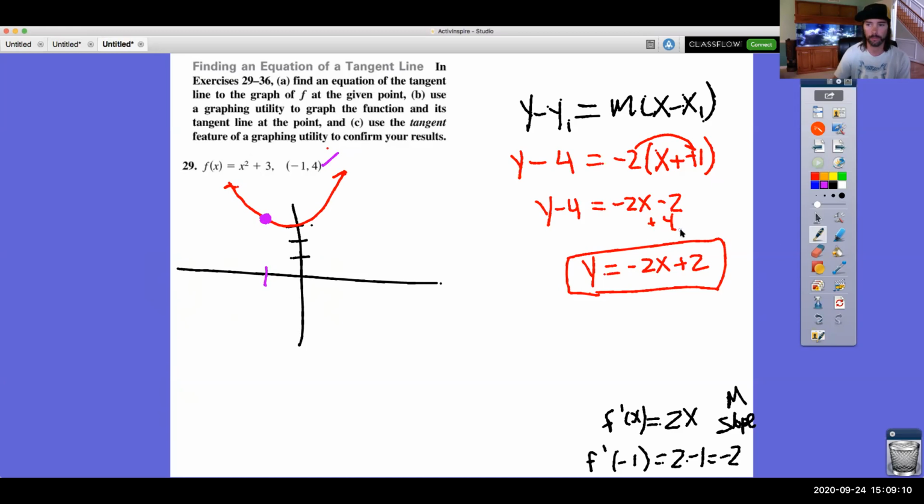The equation of the tangent line is y equals -2x plus 2. You found the equation of that green line. Its slope is -2. Done. Next question.